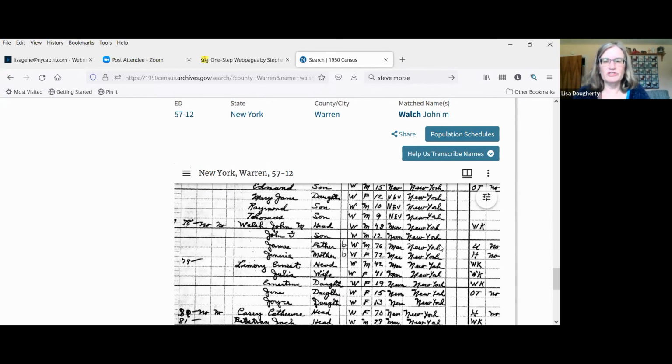We have to do a little bit of searching to be able to find the people that we're looking for. The artificial intelligence doesn't pick up all of the information with the names.